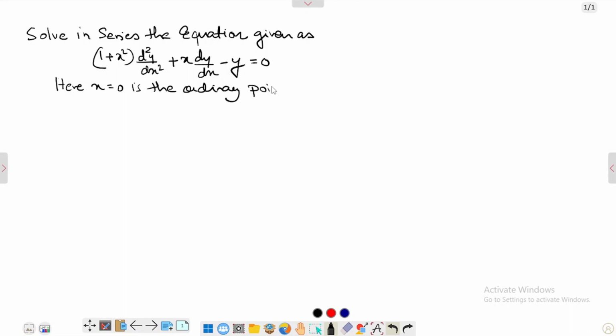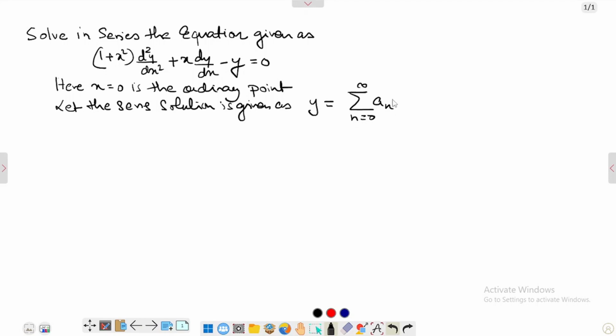Now I will say let the series solution be given as y equal to sum of n equal to 0 to infinity a_n x to the power n. This is my series solution.